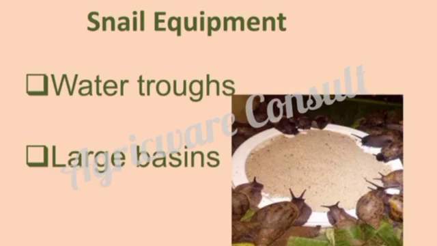It is important for this feeding trough to be flat for ease of feeding among the snails. Also, the water trough must be a flat tray to allow the snails to take water easily.